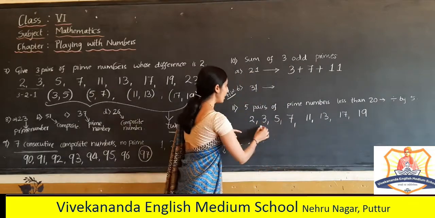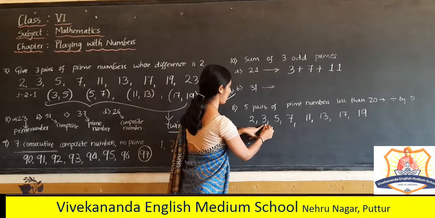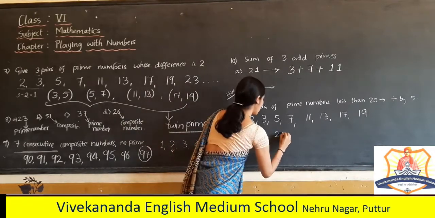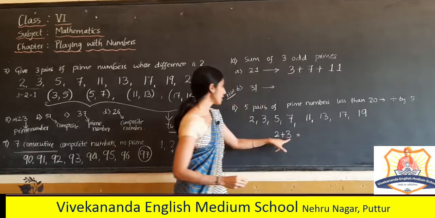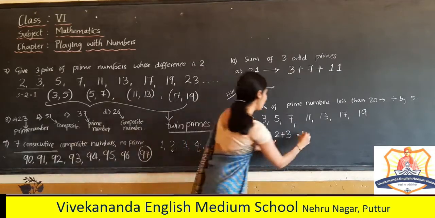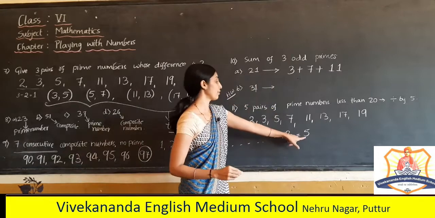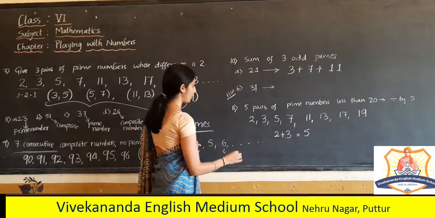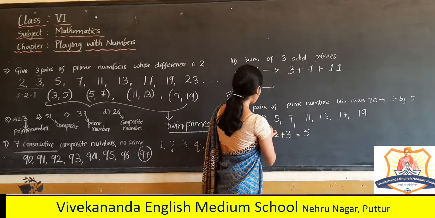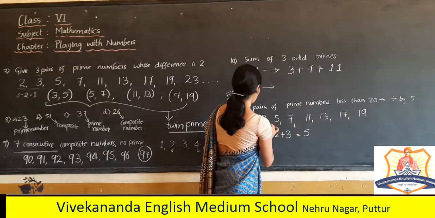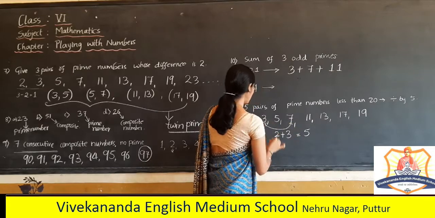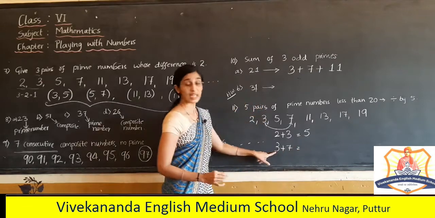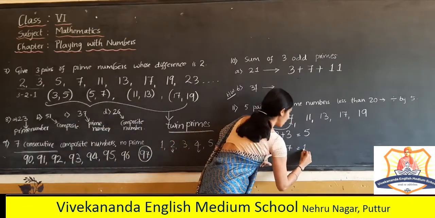Okay. Let me take 2 plus 3. What is the answer? The sum is 5. Is this divisible by 5? Yes, it is divisible by 5. Which is the next pair I have to take? If I take 3 plus 7, the sum is 10.